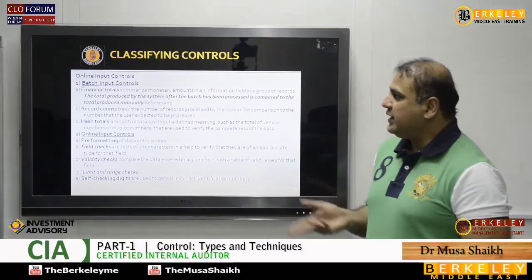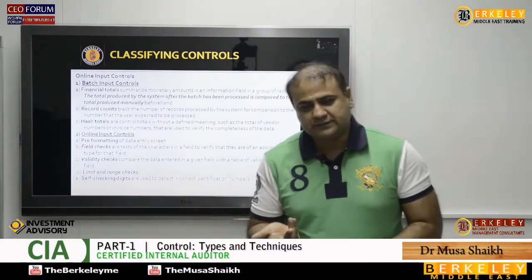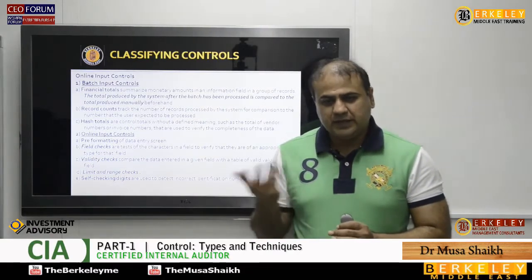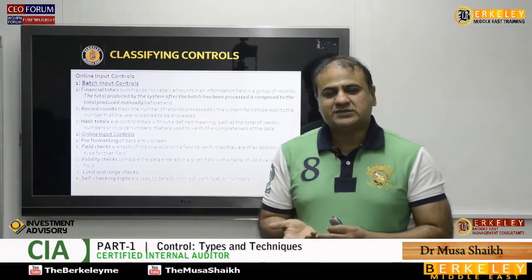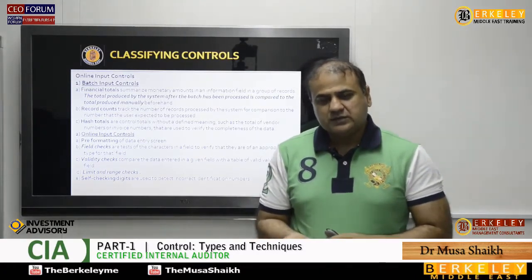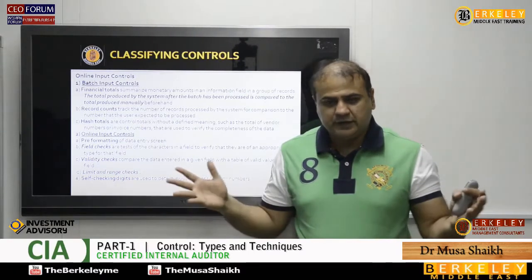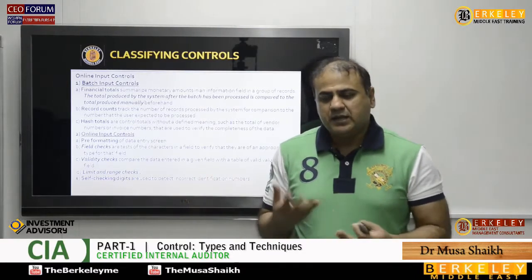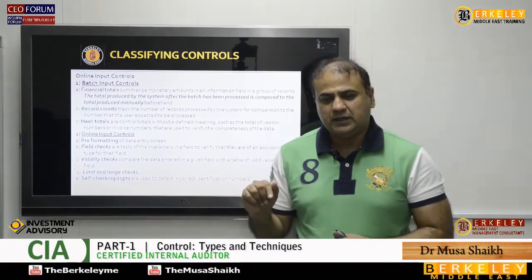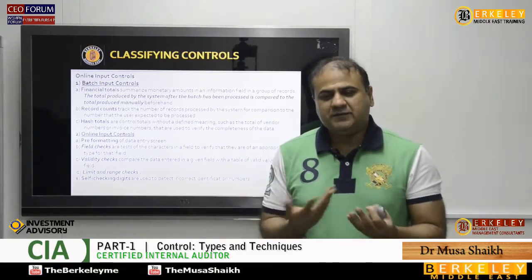We can classify control in other ways. One is online and one is offline. There are some businesses which are online, like eBay, where you can just go online and buy. They don't have physical stores. So for that kind of control we need a slightly different atmosphere. For example, if my English is weak, I will write M-A-L-E mail, someone will write M-A-I-L mail, so we can't let people choose.